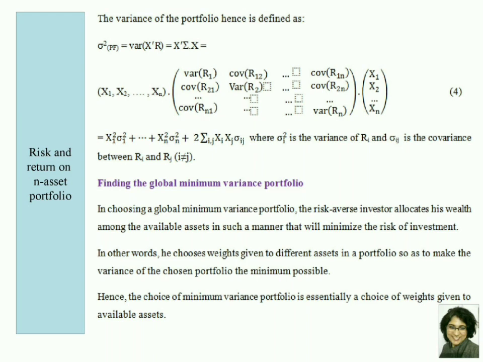Now in choosing a global minimum variance portfolio, the risk-averse investor allocates his or her wealth among the available assets in such a way that it will minimize the risk of investment.